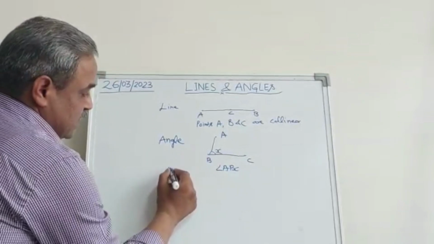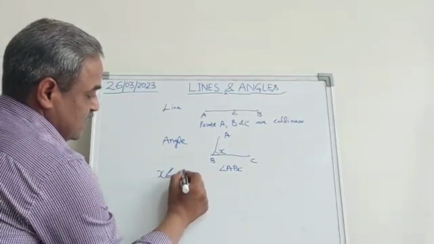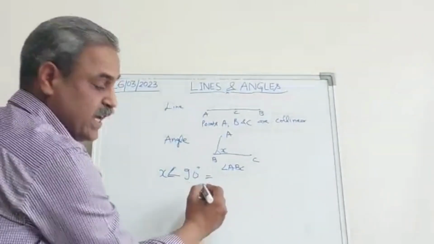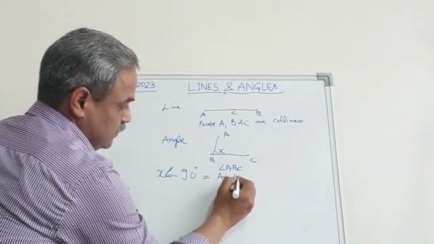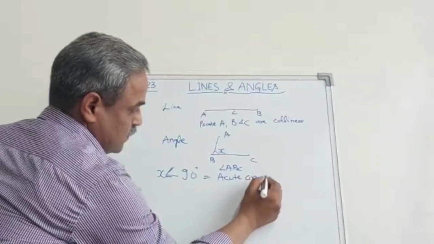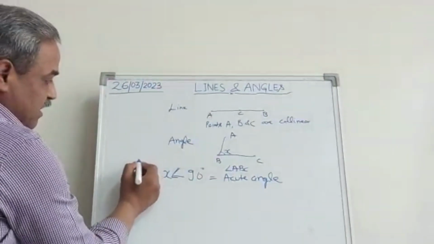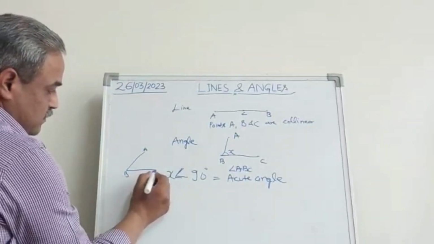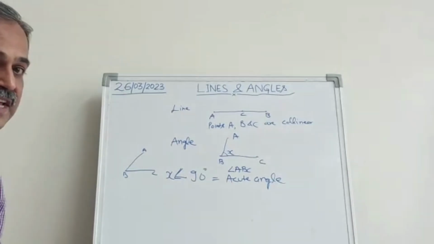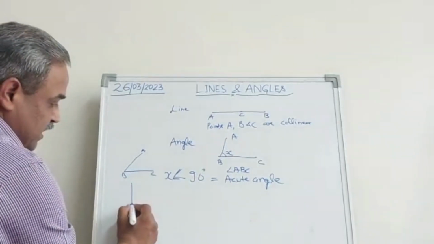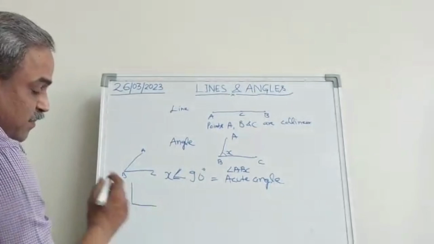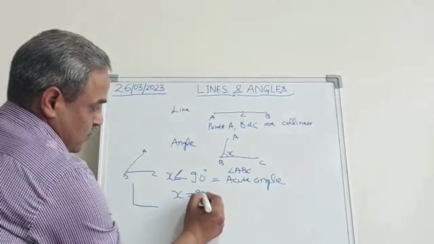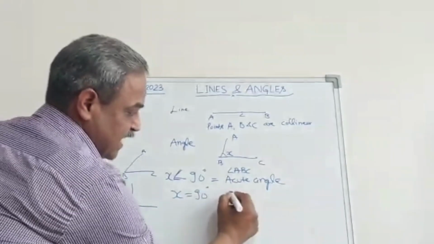We have different types of angles. Suppose this is angle X, and if angle X is less than 90 degrees, then it will be termed an acute angle. This angle will be like this. If an angle is equal to 90 degrees, that is, two straight lines are perpendicular to each other, then we will name it a right angle.